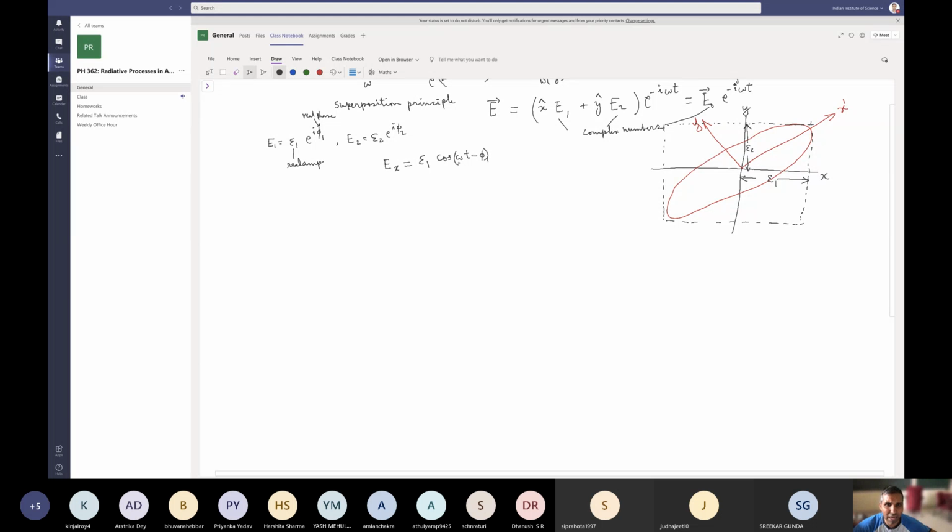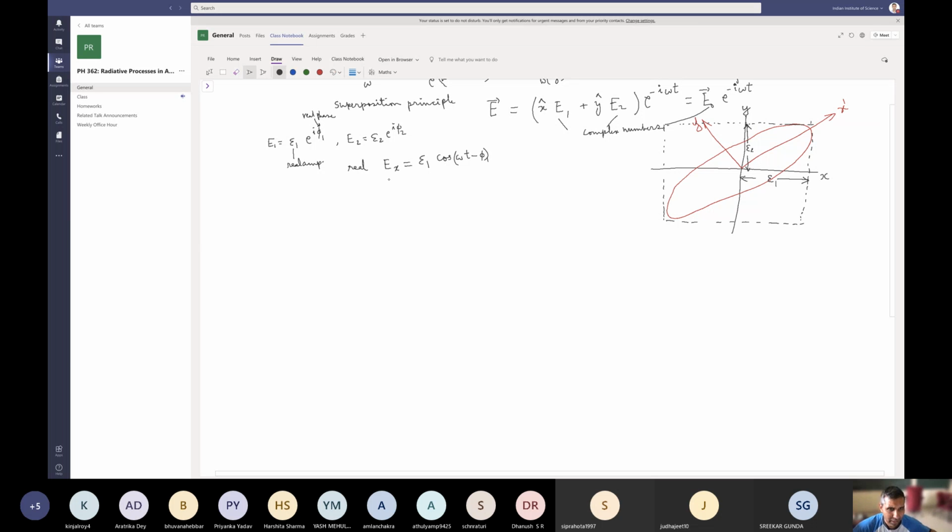So the phase, including the time, is omega t minus phi 1, and this is basically real. So we are taking the real part of this x hat component, E1 e to the minus i omega t, which is epsilon 1 e to the minus i omega t minus phi 1. So that's the real part of this.